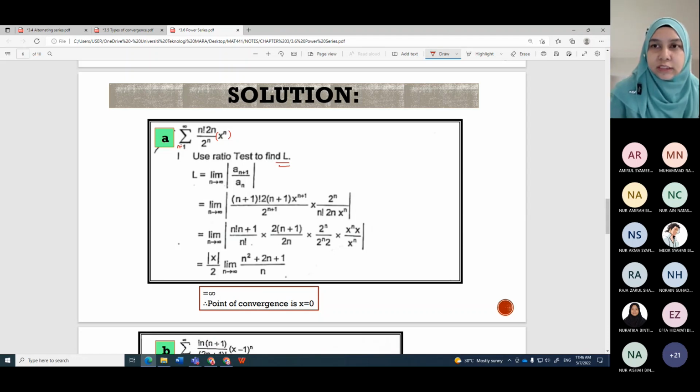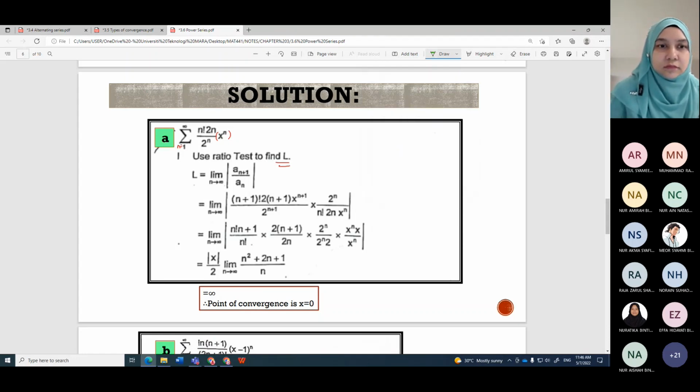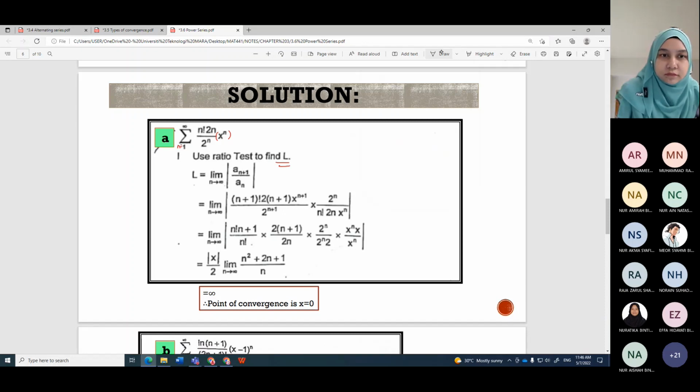Okay, kita tahu yang ini adalah given function is A sub n. This is A sub n. Okay, then A sub n plus 1.